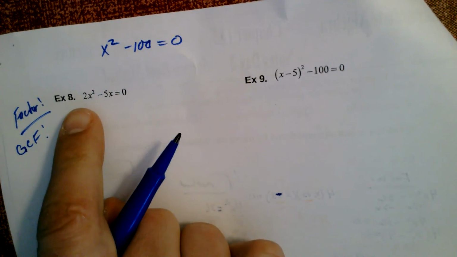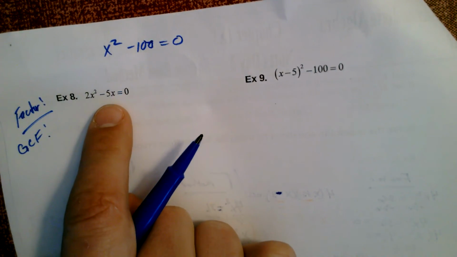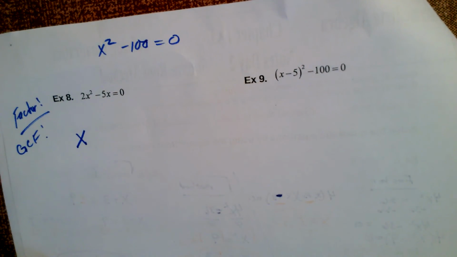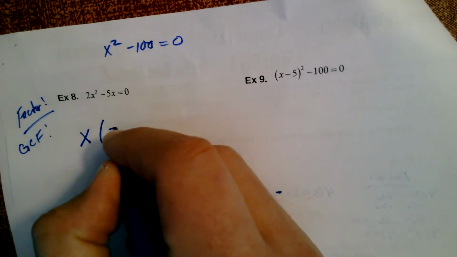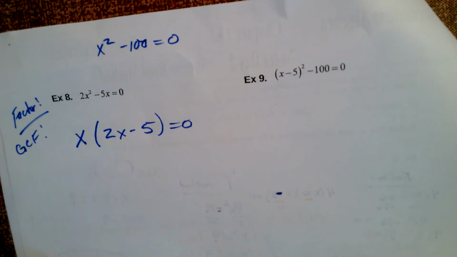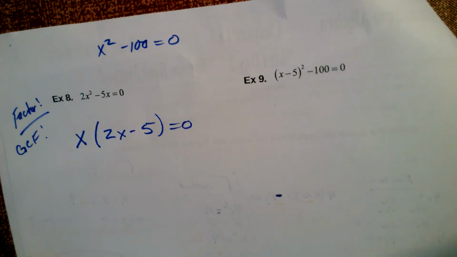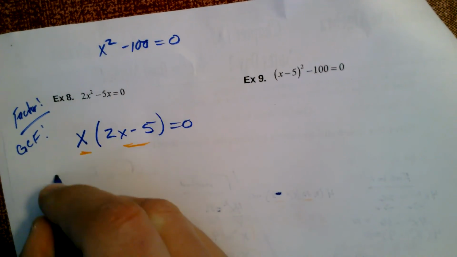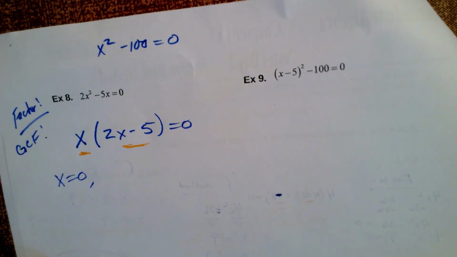As I take a look, I got 2x squared minus 5x. I see x twice. So I'm going to take that x out. And now that leaves me with 2x minus 5. Set each one of these equal to 0. So we get x equals 0 for that one.